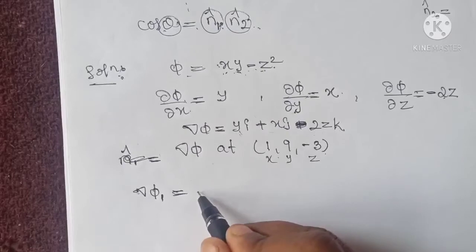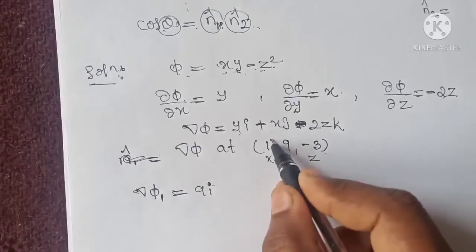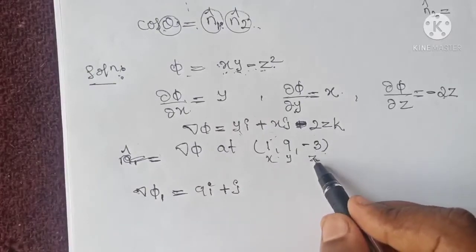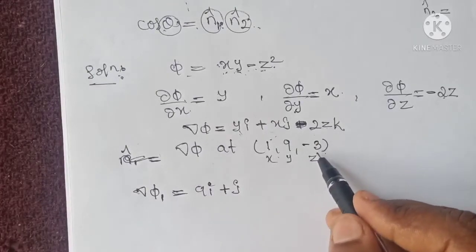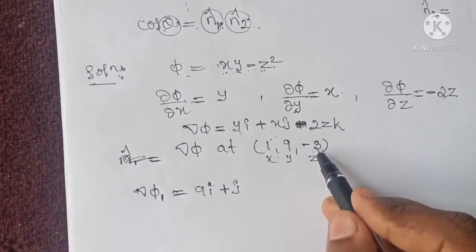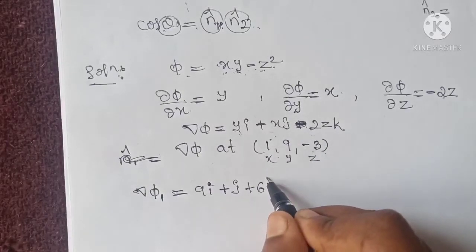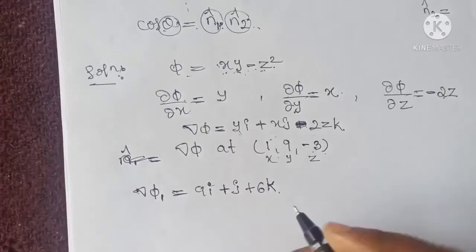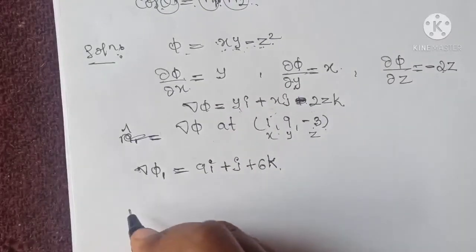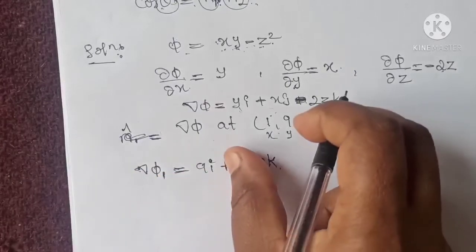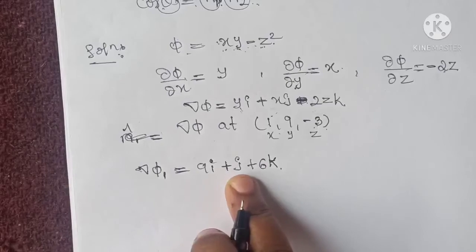The y value is 9, into i, plus the x value is 1, that is j, and the z value is minus 3, so minus into minus, plus 2 into 3, 6k. So for the first point we got 9i plus j plus 6k.